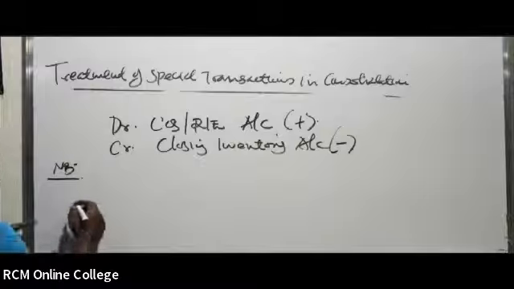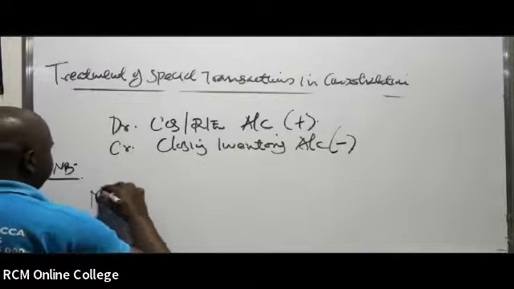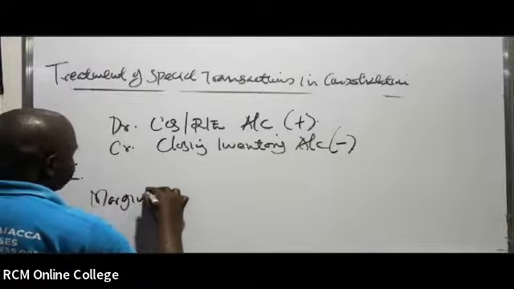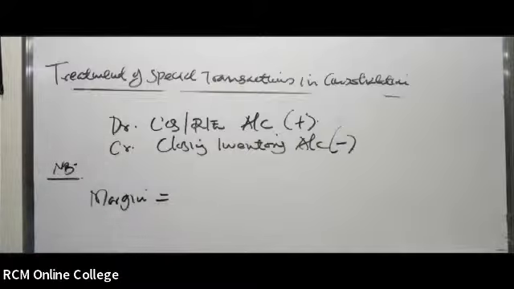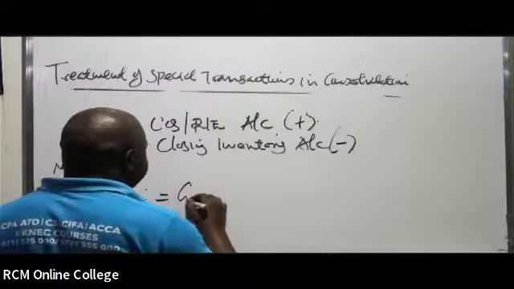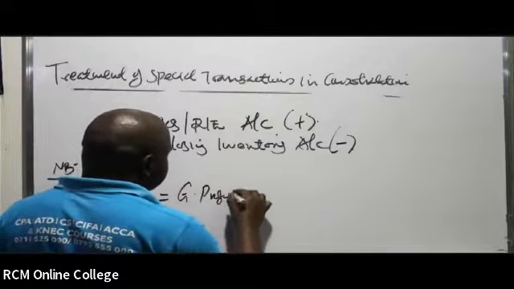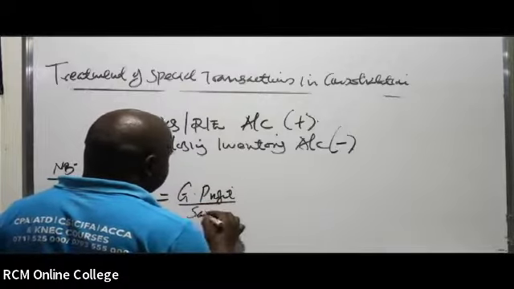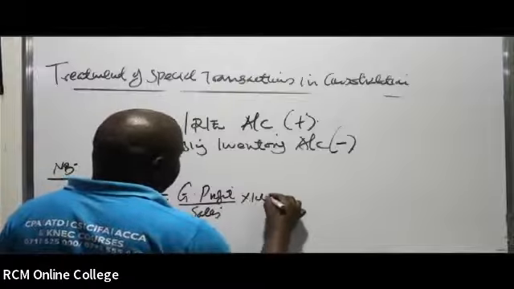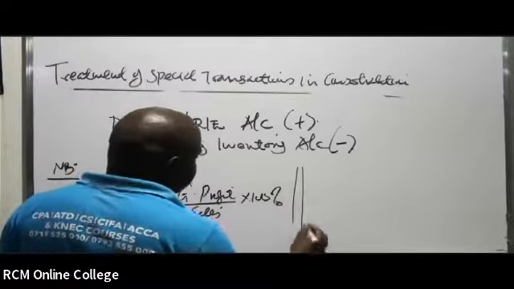Then you say margin is equal to, you write a formula for the margin. How do you get the margin? You take the gross profit over the sales. Margin equals GP over sales multiplied by 100%.